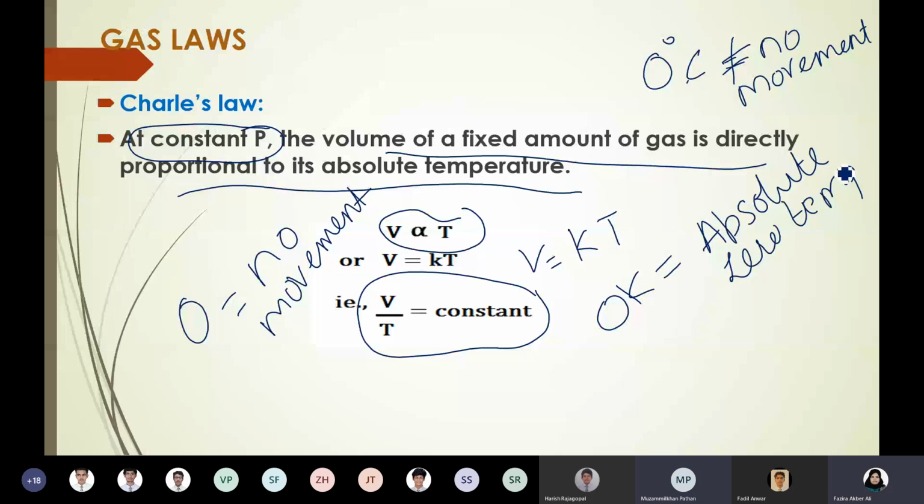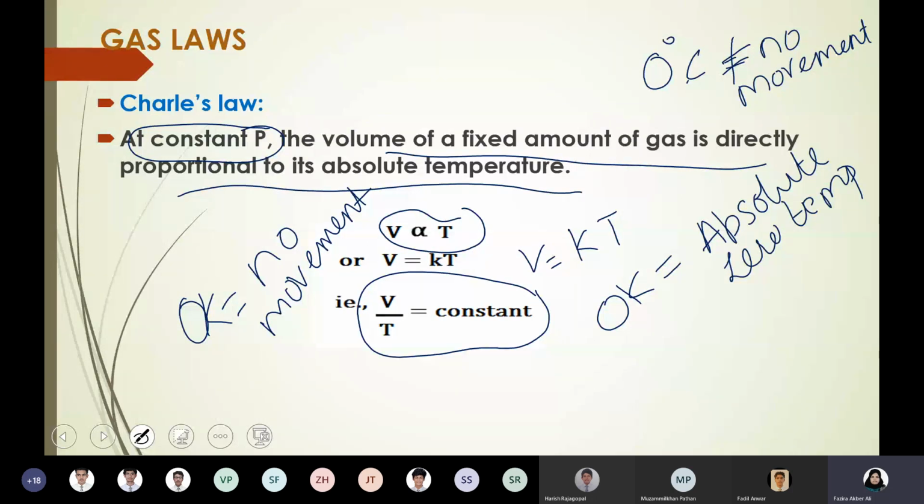Ma'am says 0 degree Celsius equals no movement, and 0 Kelvin equals absolute zero temperature. No, 0 Kelvin is equal to no movement, and that is known as absolute zero, because 0 stands for no energy for the particle, no movement.